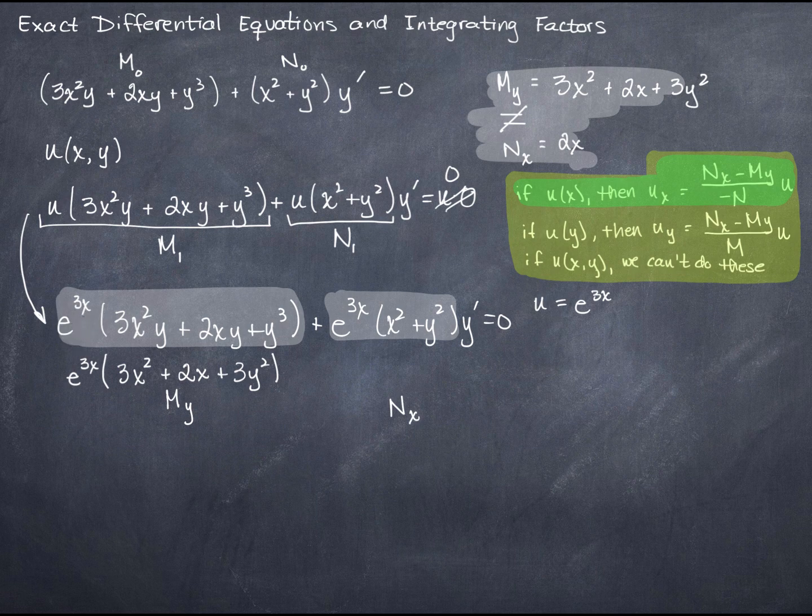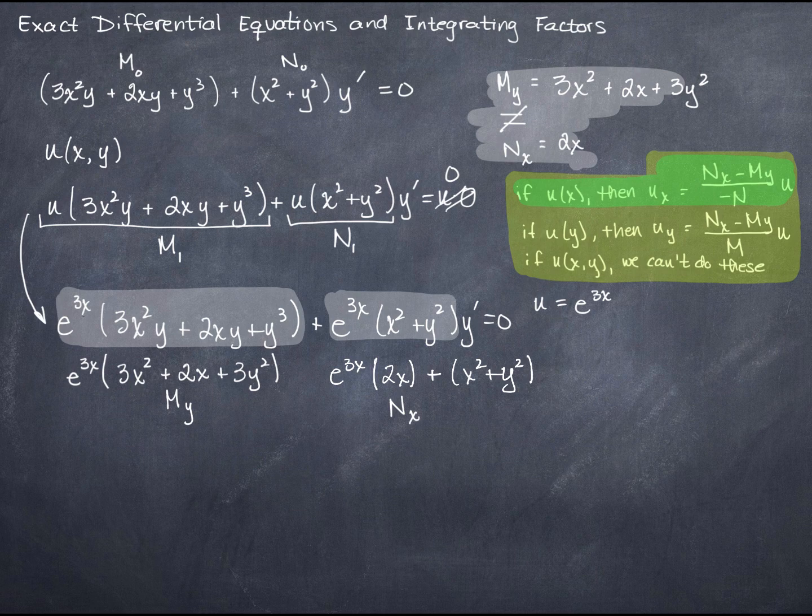Okay, so now I'm going to differentiate this expression with respect to x. And now y is a constant, x is not. So when I take the derivative, I have the first, which is e to the 3x, times the derivative of the second with respect to x, that gives me 2x here, plus the second, x squared plus y squared, times the derivative of the first.